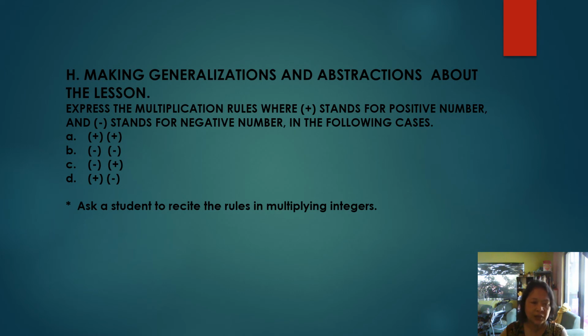Letter B, negative times negative is also positive since like sign sila. Letter C, negative times positive is negative, and letter D, positive times negative number is a negative number since unlike sign sila. So I am going to ask the student to recite the rules in multiplying integers.